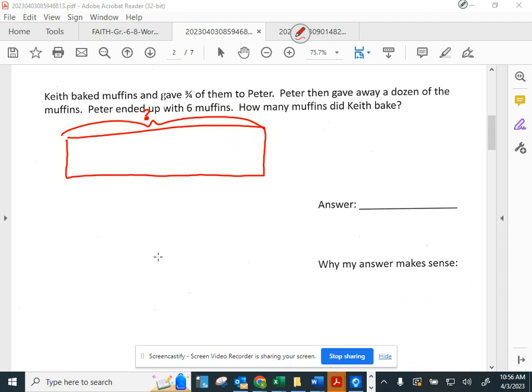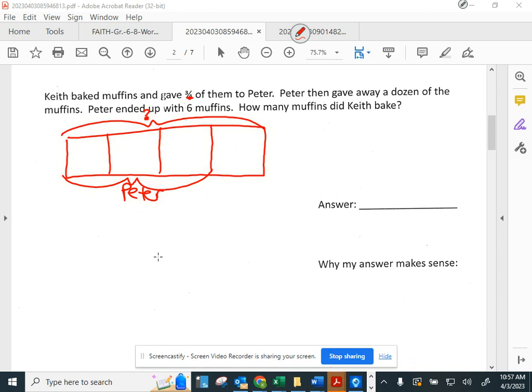He gave 3/4 of them to Peter, so how should I divide up my bar? By 4s. So these are all the muffins I'm dividing by 4s, and he gives 3 out of the 4 to Peter.